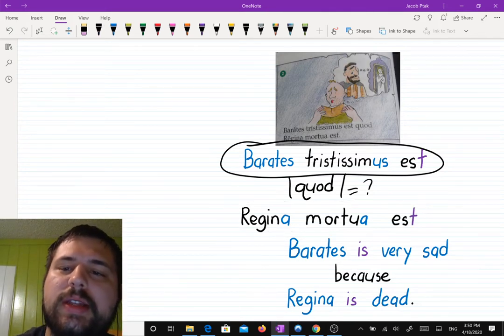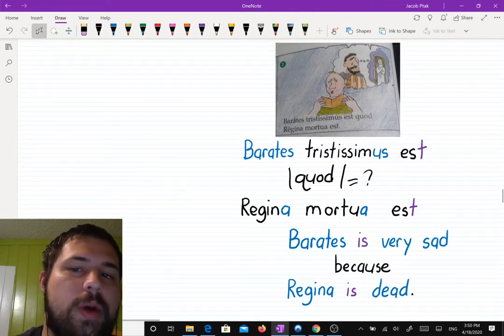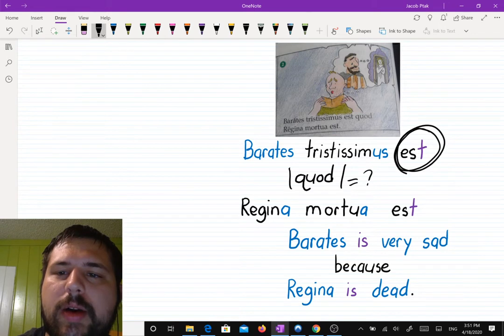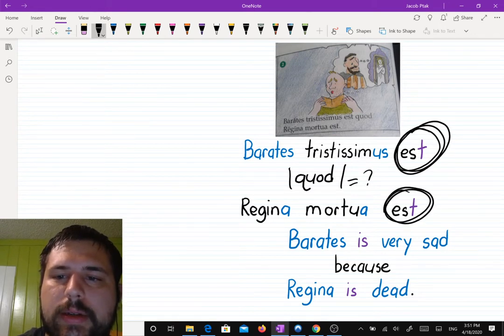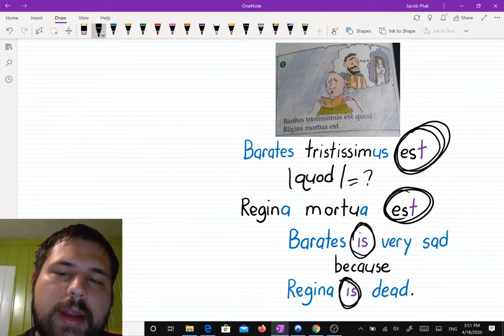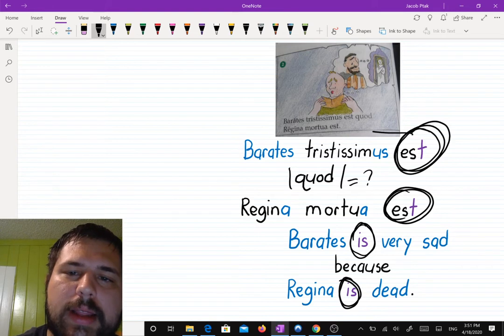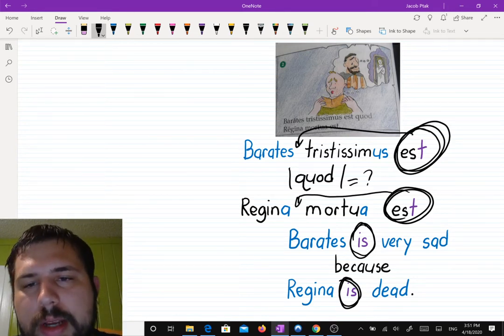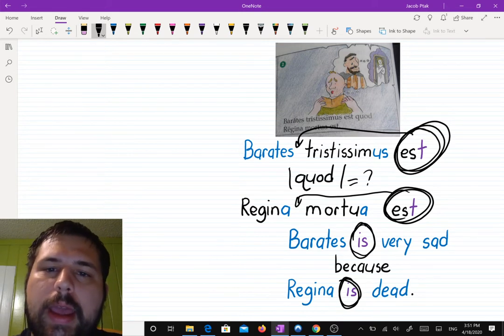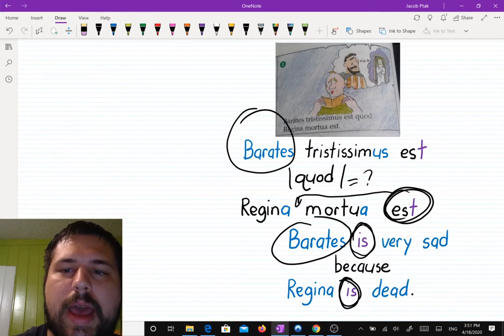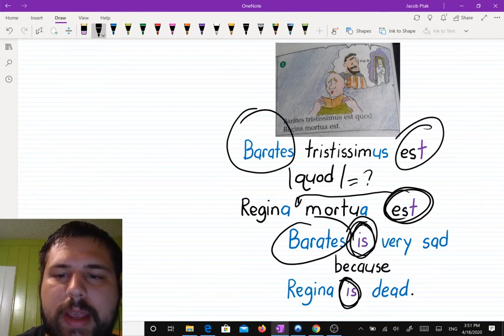And so in these sentences, one thing I want you to notice, which you should know already, is how est in the Latin sentences is your English word is. And you're changing the order slightly because Latin won't really have the same order as English. Barates is the word Barates, but est is the word for is.